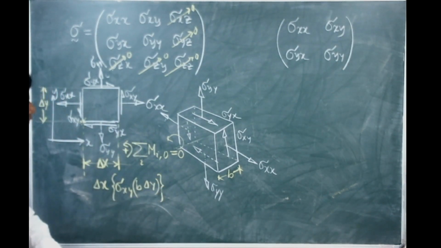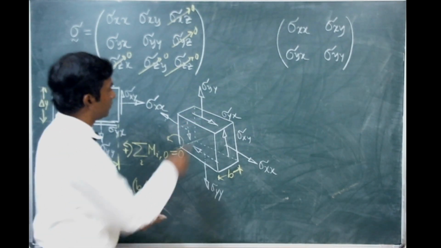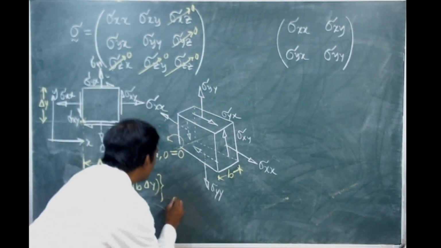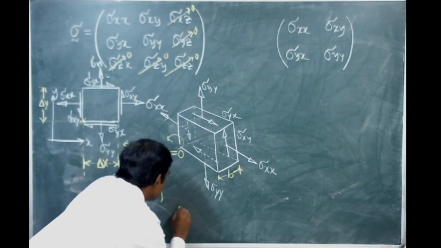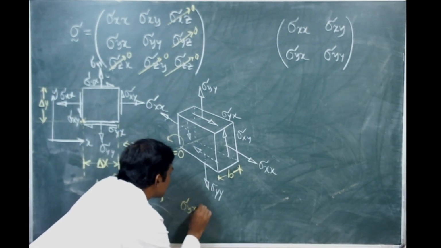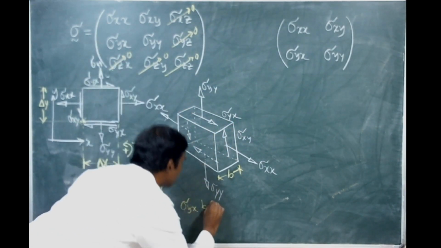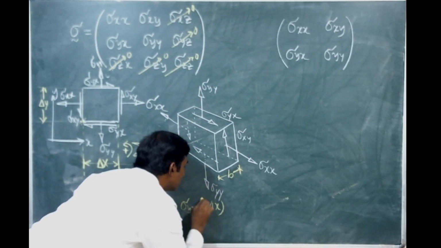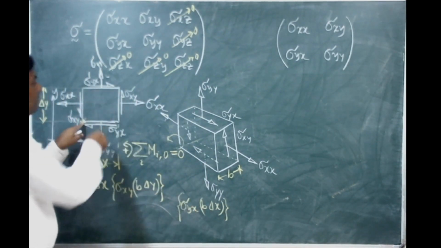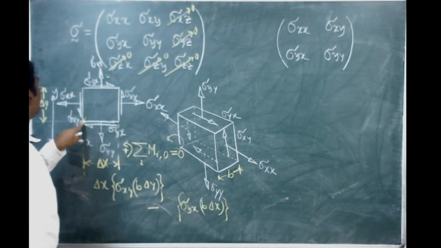Now we visit the positive y plane. The force acting on the positive y plane can be estimated as sigma yx times b times the length delta x. It generates a moment whose sense is opposite, so there you should take the negative sign.